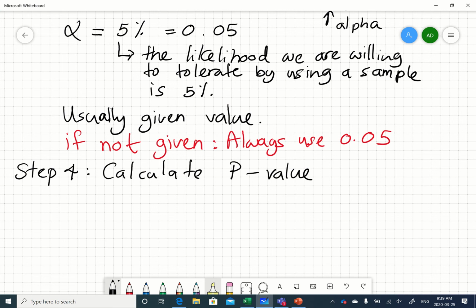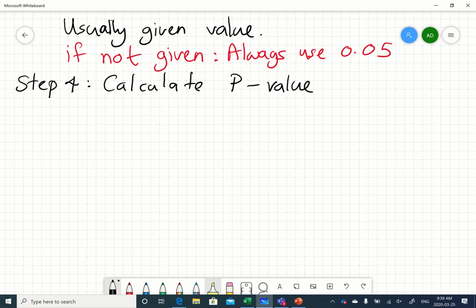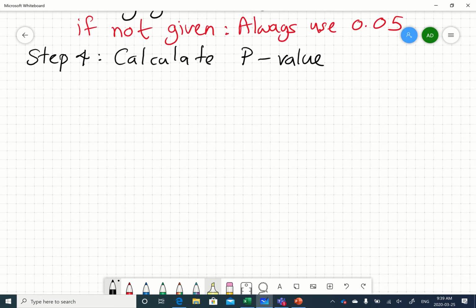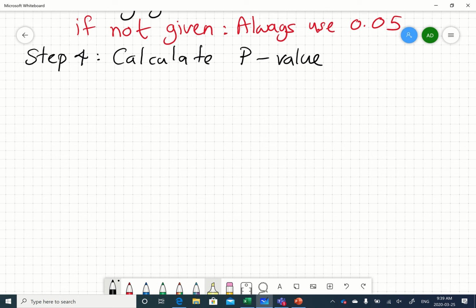So this alpha is a theoretical probability. Theoretically speaking, I'm willing to tolerate 5% of error. That's what alpha is about. And the p-value is the actual error that we are going to make based on our sample. So this is an observed probability of making a mistake.